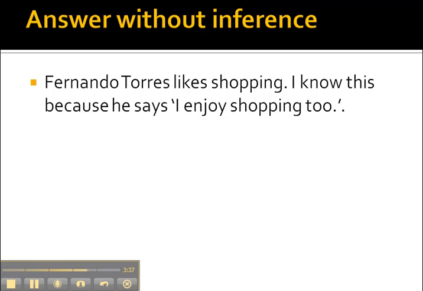Fernando Torres likes shopping. I know this because he says, I enjoy shopping too. That's fair enough, you'll get some marks for that, but you won't get the higher grade where you're being asked to show inference. What I'm going to do is stop this film now and make another one where I'll show you in a bit more detail how you show inference.